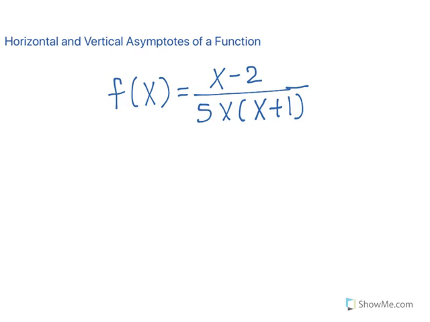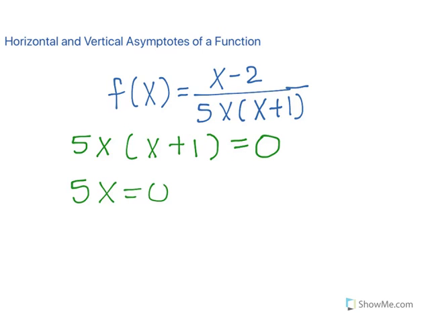Now, let's try f of x equals x minus 2 over 5x times the quantity of x plus 1. Once again, if we need to find the vertical asymptote, we need to make the denominator equal 0. So let's write this out. 5x times the quantity of x plus 1 should equal 0. So, in our case, we would get 5x equals 0 and x plus 1 equals 0.